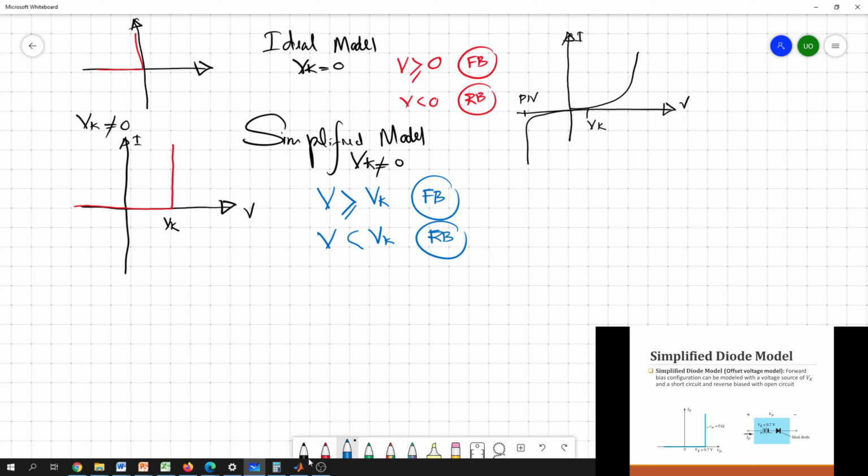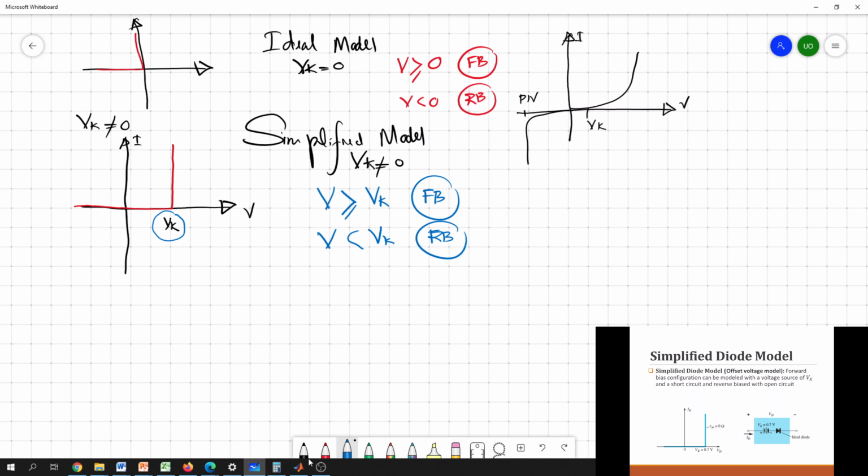By looking at this characteristic curve, when the diode is forward biased, you can observe a current when the applied voltage is greater than Vk. Otherwise the current flow through the network is simply zero. So if the diode is forward biased, the applied voltage should be greater than or equal to the knee voltage. Otherwise you can claim that the diode is in the reverse bias direction.